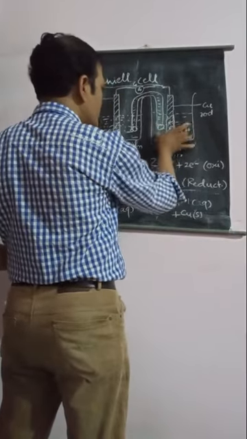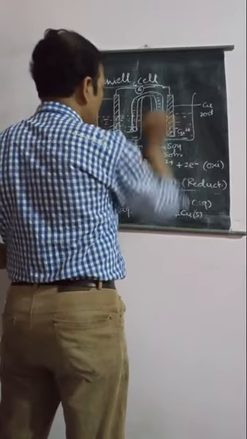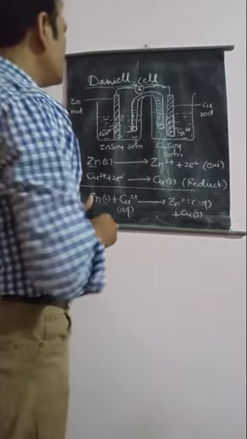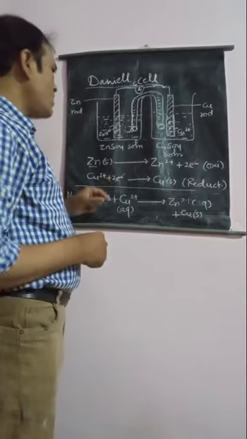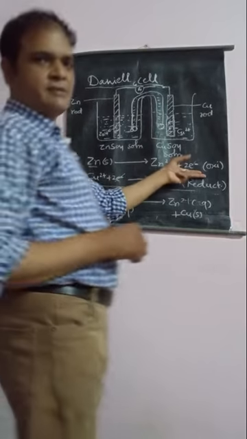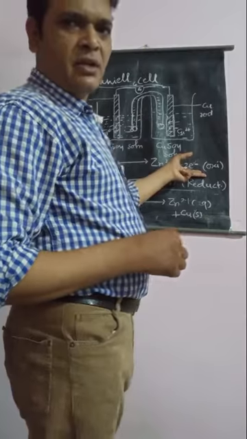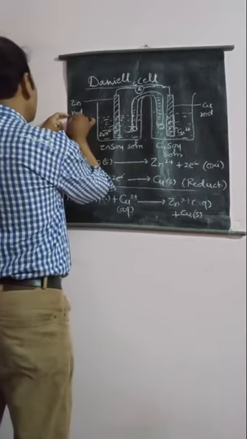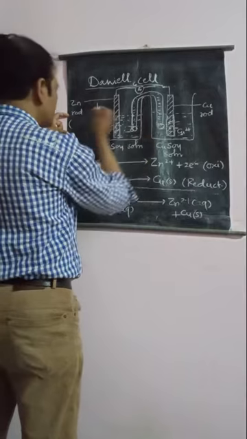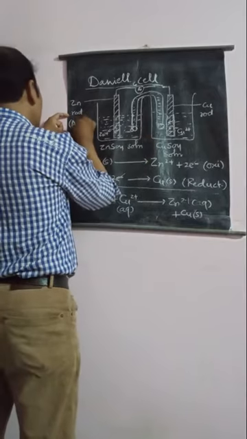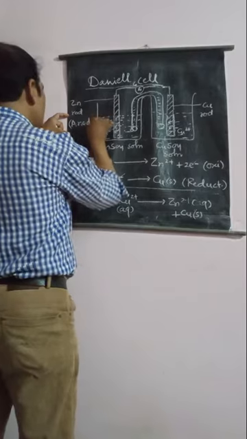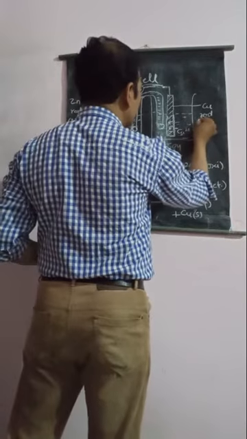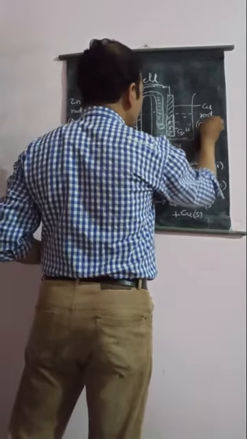Always remember, the electrode on which the oxidation reaction takes place is known as the anode. So at the zinc rod, since oxidation is taking place, this electrode is known as the anode, while the other electrode at which the reduction is taking place is known as the cathode.